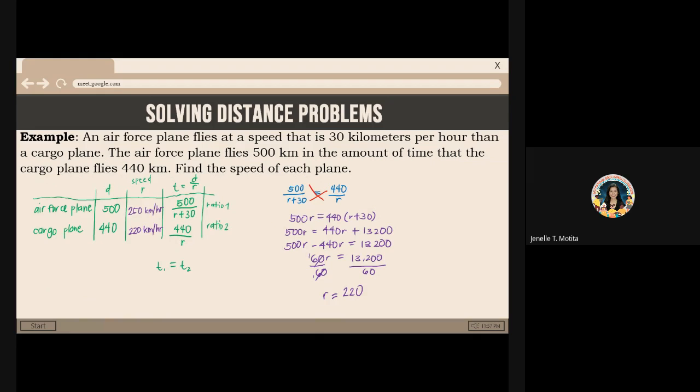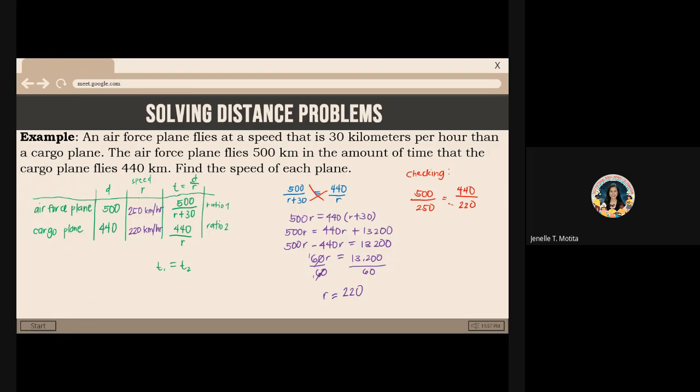To check if this is correct, we will just substitute this in our equation. For checking, let's use color red. So 500 over R plus 30, so that is 250, is equal to 440 over R, where R is 220.